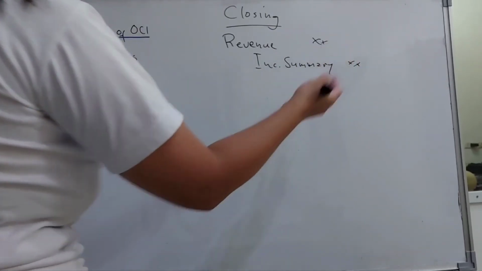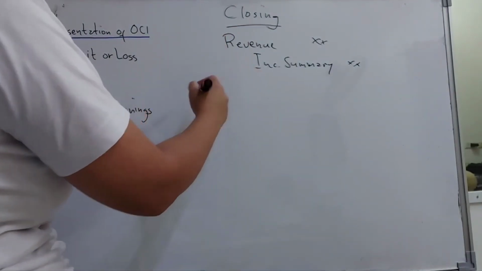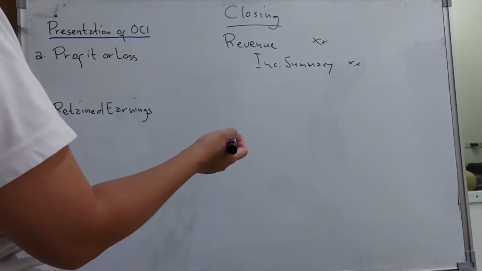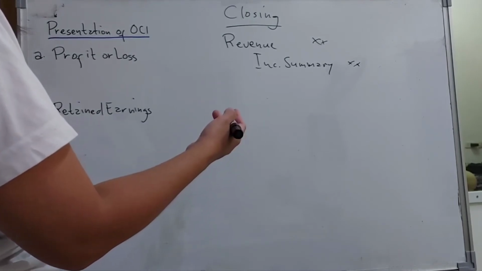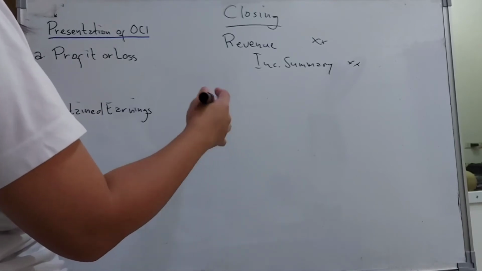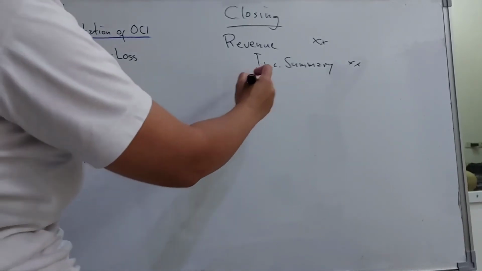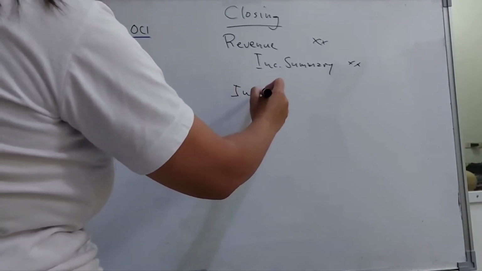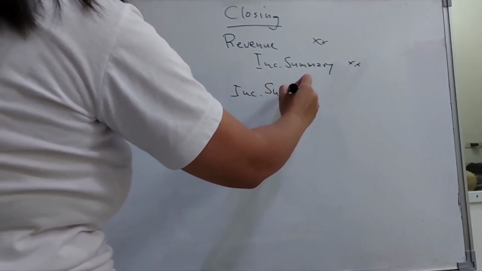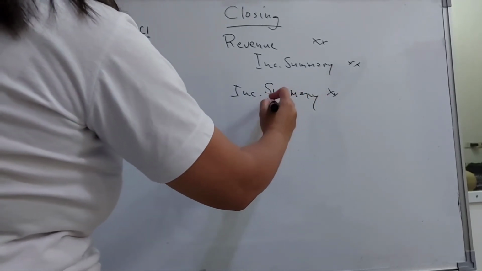So, ibig sabihin, masisiro din siya. Okay? So, once na na-close mo na yung revenue, yung expenses naman yung i-close mo. So, pag kinlose natin yung expenses, di ba, normal balance sa expenses ay debit. So, para ma-close natin siya, para ma-zero siya, so credit naman siya. So, i-close mo siya kay income summary din. So, kaya entry debit income summary, and credit expenses.